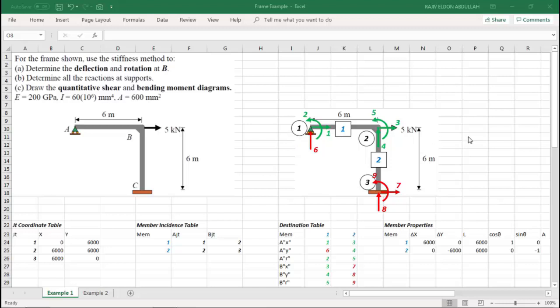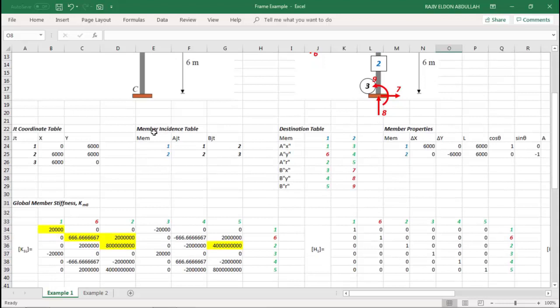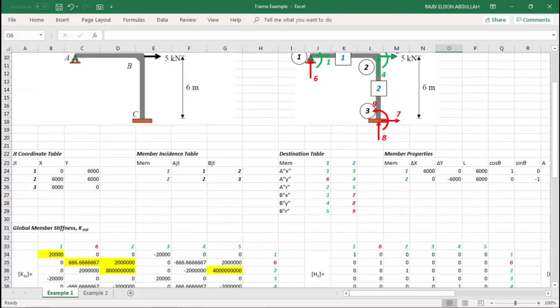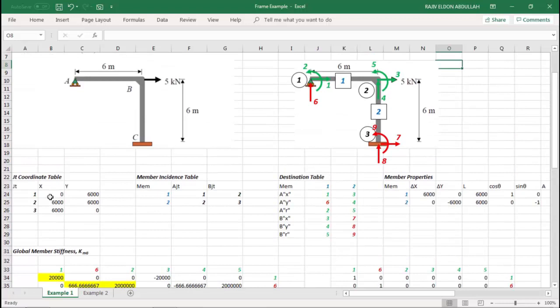So we first have here the joint coordinate table. You have 3 joints. Okay. I prefer using values in millimeters so that I don't confuse the units for the answers. So we have here joint 1 coordinates would be 0 and 0 for x.